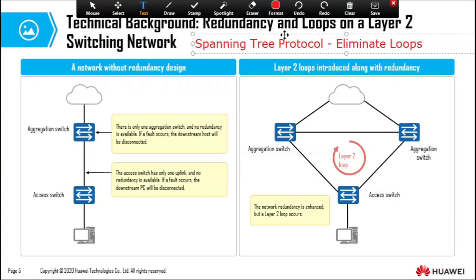Layer 3 protocols have a way of ensuring that you don't have loops at layer 3. But STP particularly was created to eliminate layer 2 loops.